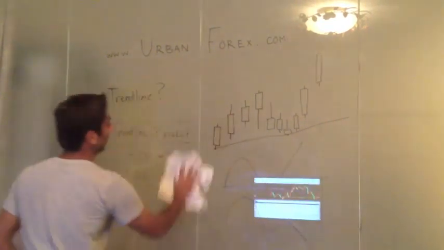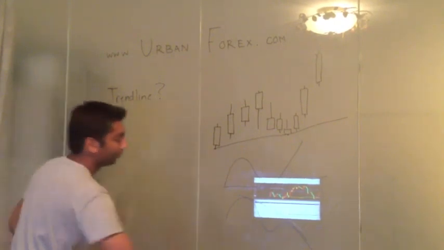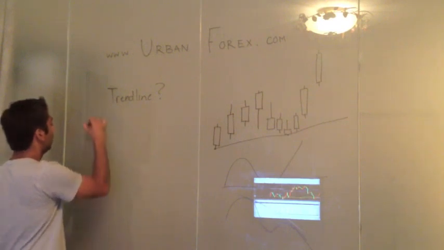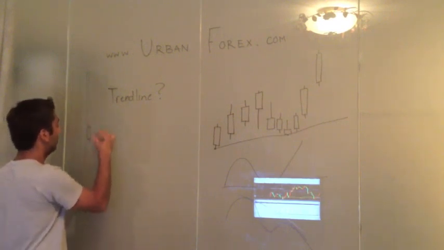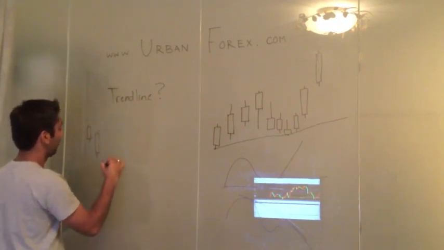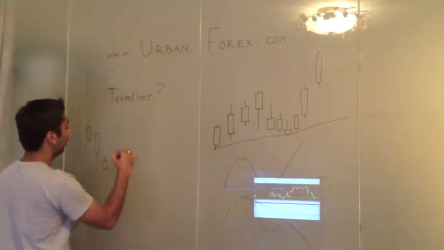Let me show you a nice example for a downtrend. You have your nice candles, market's going down, and then finally it starts to turn around.